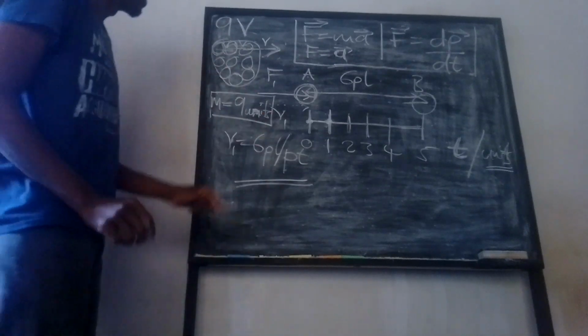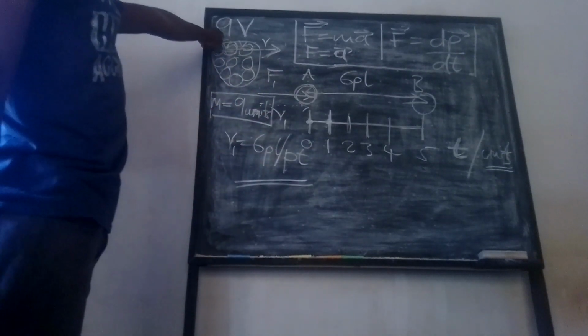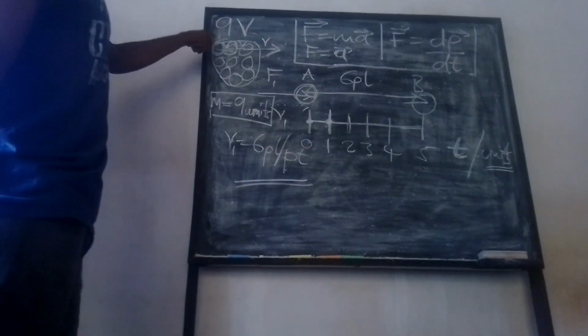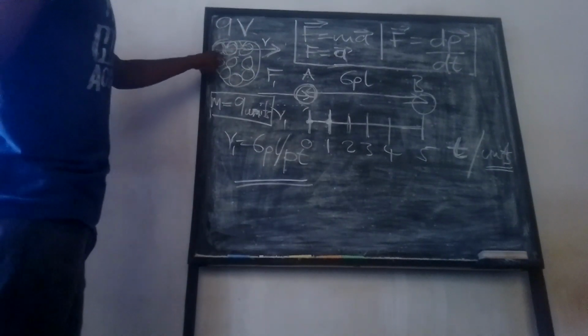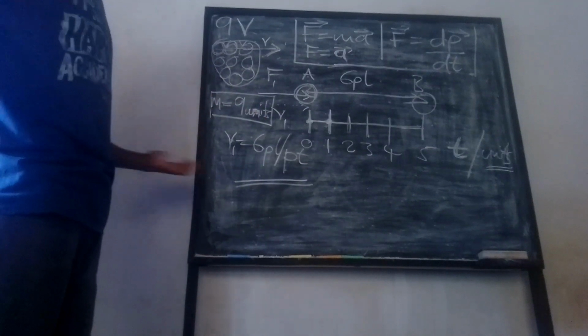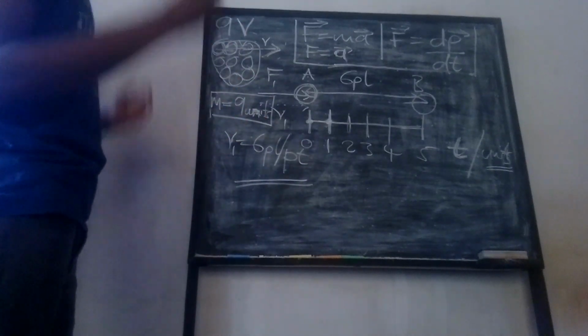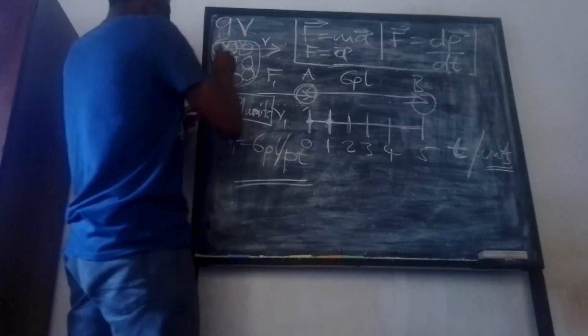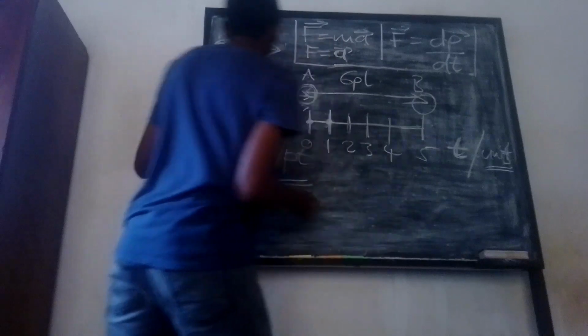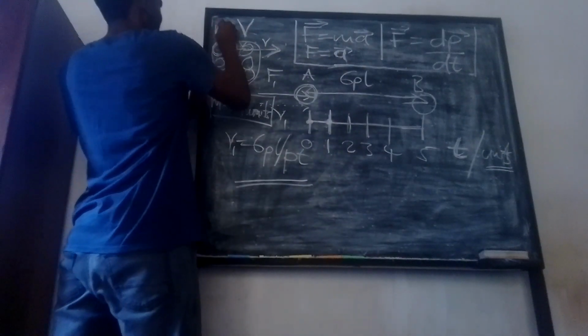So when you see the 9 appearing in Newton's second law, the 9 appears because we have 1, 2, 3, 4, 5, 6, 7, 8, 9 particles. That is 9 constituent particles. So this 9 can now be replaced by m.